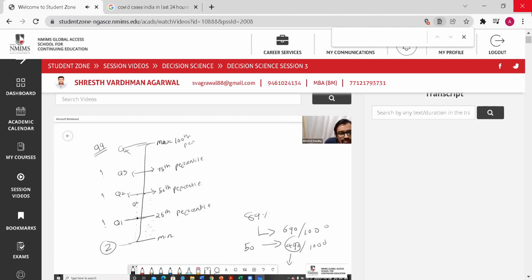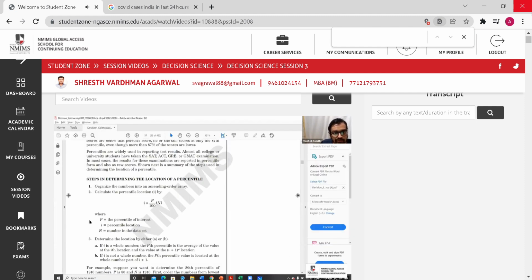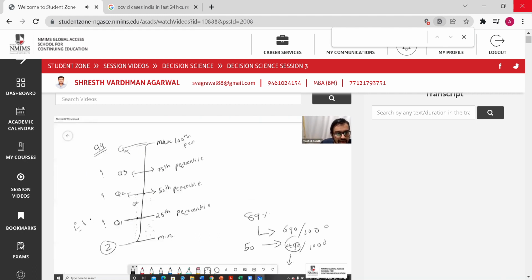What is this? We don't know. For that, we need to adopt the formula given in your textbook, page number 57, which is P by 100 multiplied by N. So here we can apply this formula. What is P? P is the percentile value. The percentile value is 25, because Q1, quartile 1, ends at the 25th percentile.